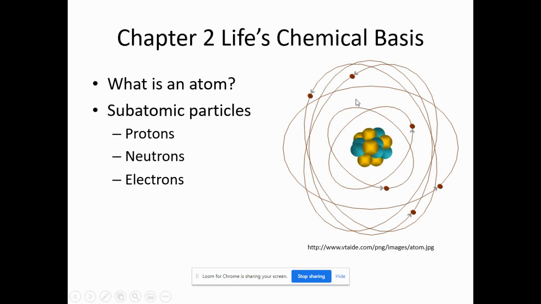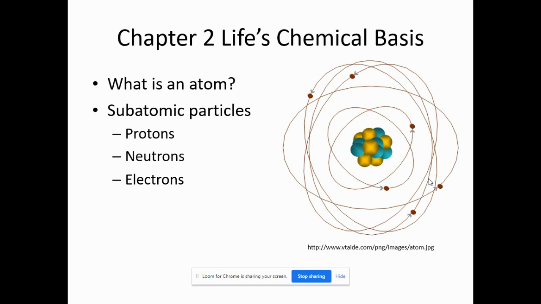If you see here, here's an example atom. In the middle is what's called the nucleus of the atom, and in the nucleus is where you'll find the protons and the neutrons. Circling the atom's nucleus are the atom's electrons. So protons are positive, neutrons are neutral, electrons are negative.